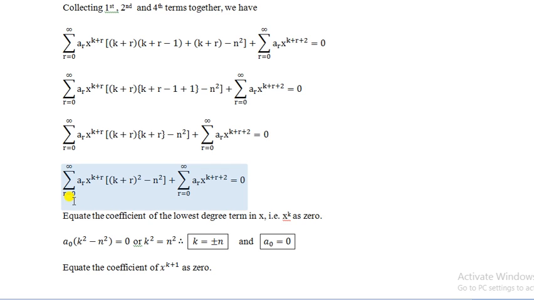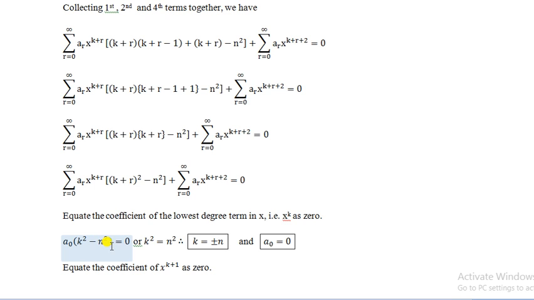First, if we substitute r equal to 0, the power of x, k plus r, becomes x raised to k, and a naught. So a naught x raised to k, we take this as 0. The next term becomes k square minus n square, because r becomes 0. We use only the first summation, not the second one, because its power of x is other than k plus r.